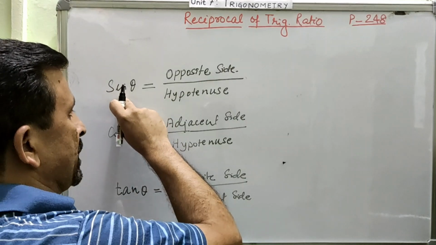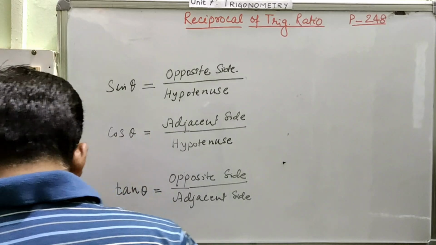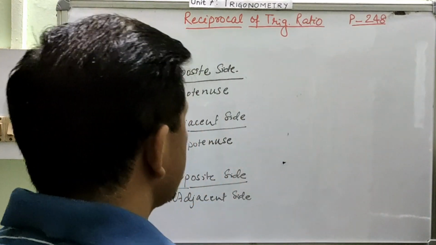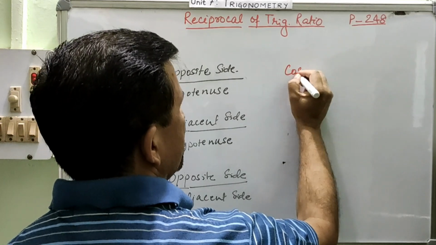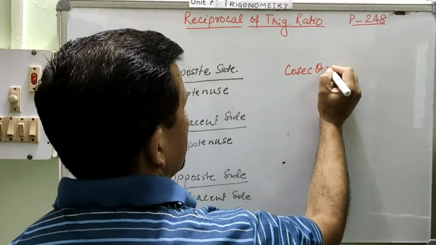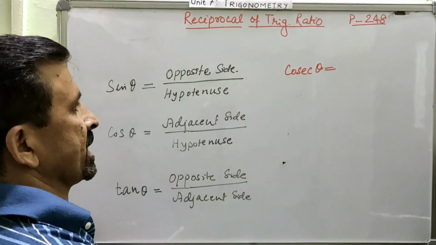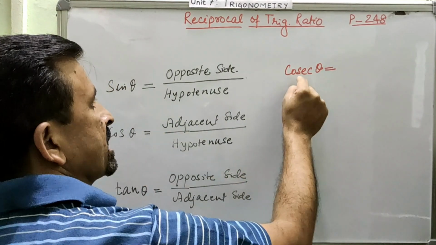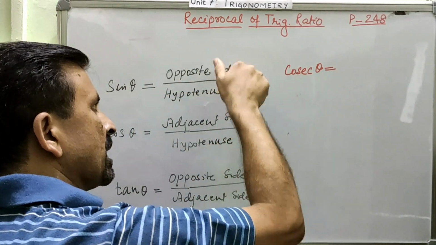So I am writing the reciprocal of this sine theta on the side. I'll change the color. The reciprocal of sine theta will be cosec theta. Is this okay? The reciprocal of sine theta is cosec theta. Now, because this is the reciprocal of sine theta, the ratio of this will be the reciprocal of this one.